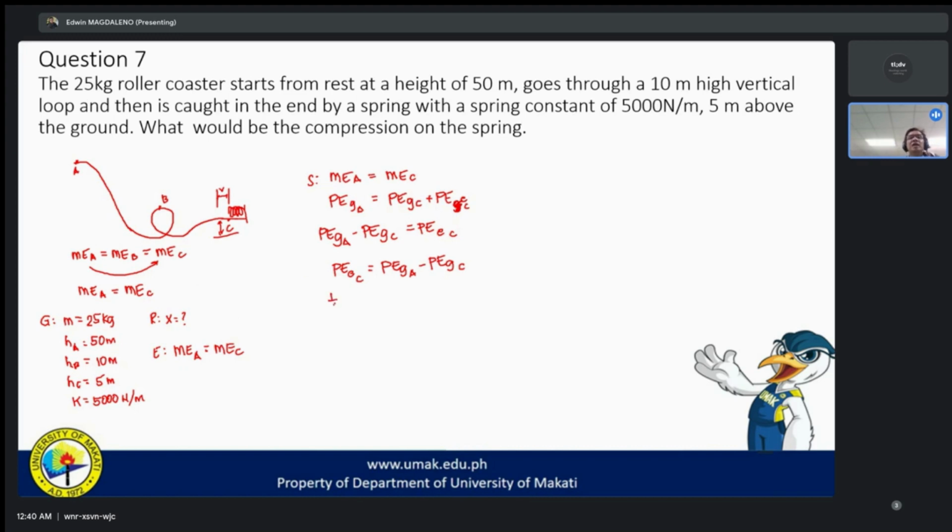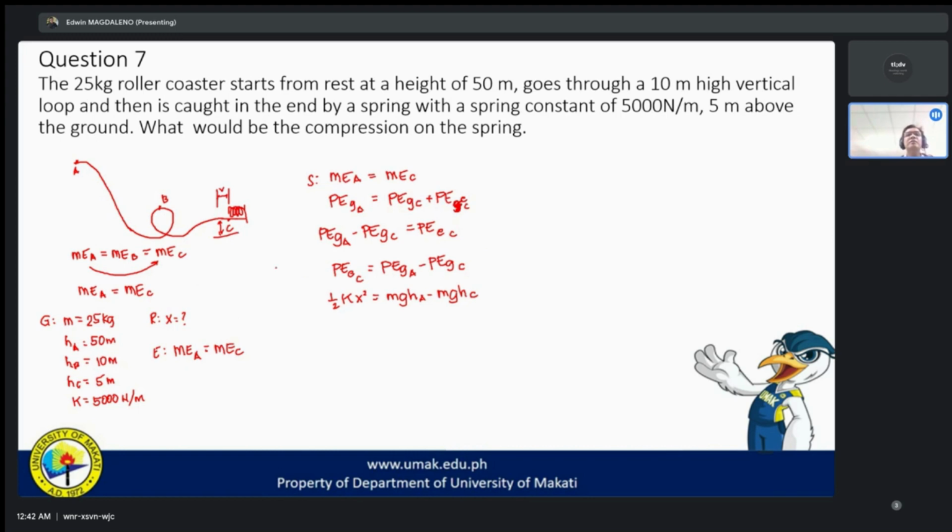And we have the variables. We have 1/2 k x squared equal to mgh at point A minus mgh at point C. Okay, continuing on, we need to determine the compression x.